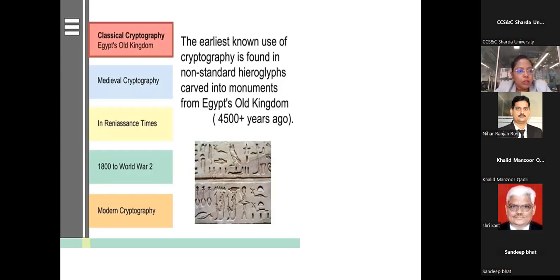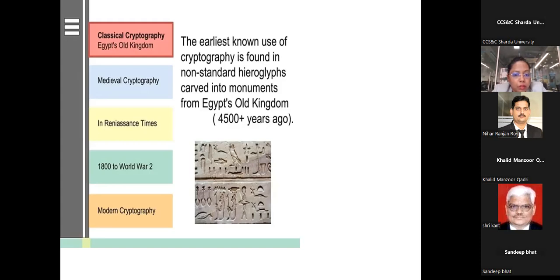Then this is the earliest, first use of cryptography you can see. What has been done here? It was just 4,500 years ago. They wrote the information on clay and put it somewhere near the kingdom. It is information about the previous kings, and it is only understood by the people of that kingdom.